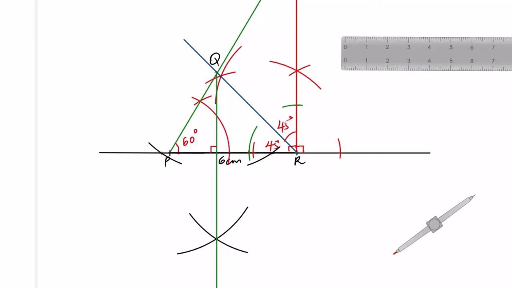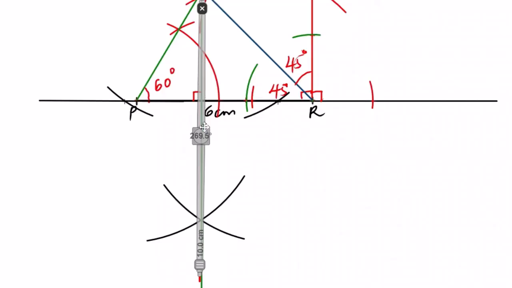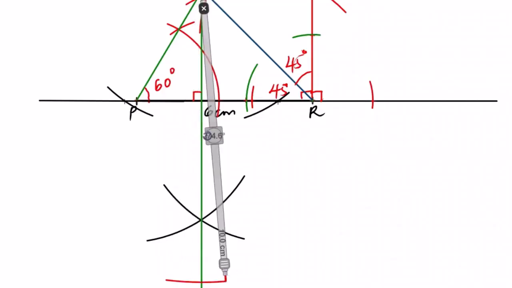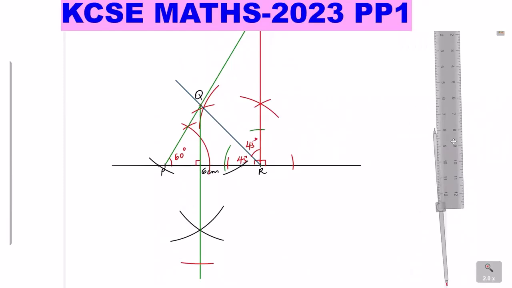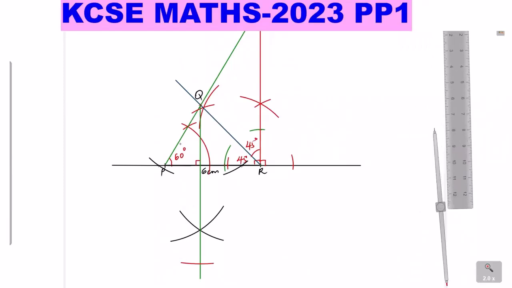That line should be 10 centimeters long. So to ensure, I'll measure using my pair of compass here. The line is supposed to be 10 centimeters long. Yes, 10 centimeters is there. So mark that it is 10 centimeters. Therefore QS, S should be here, this point here. That one is supposed to be 10 centimeters. Now we have QS.